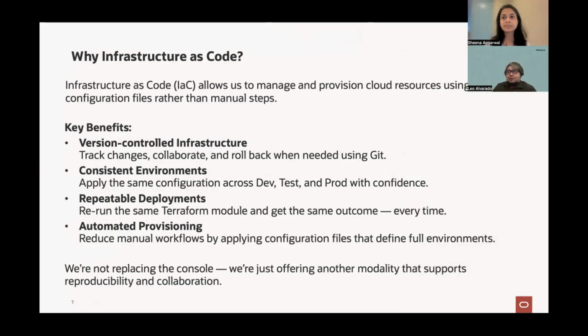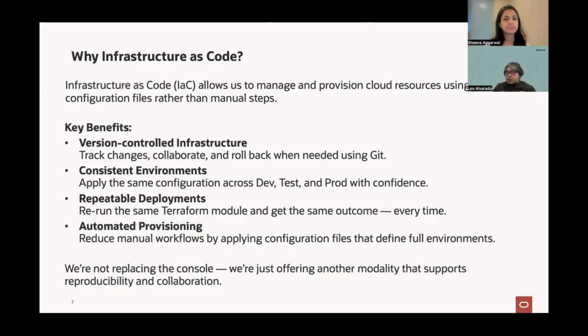Why infrastructure as code? Instead of provisioning infrastructure manually every time in the console, you have another option, which is to manage your infra as code, which lets you express that configuration in a file. That means you can version it, review it, and share it, just like any normal application code.